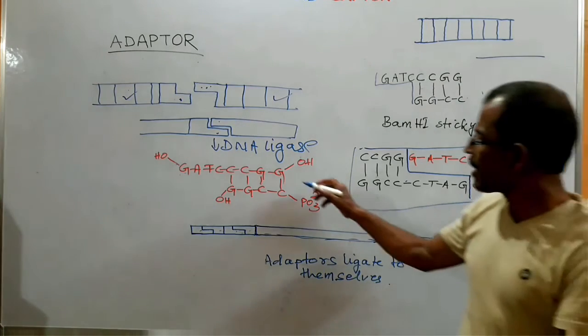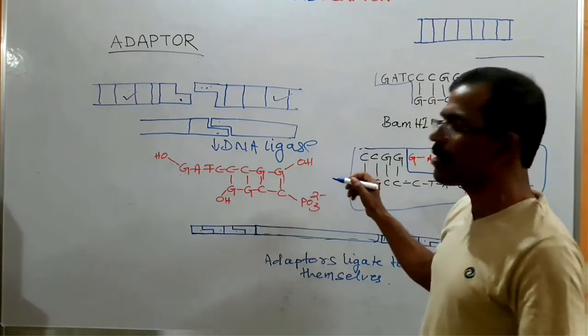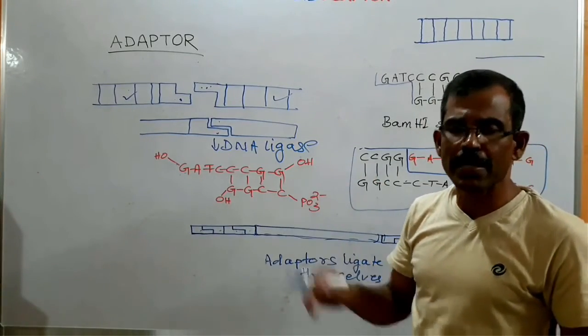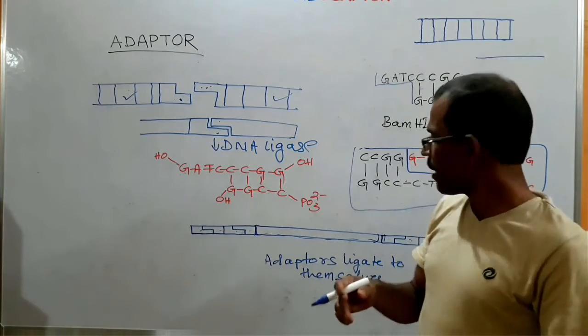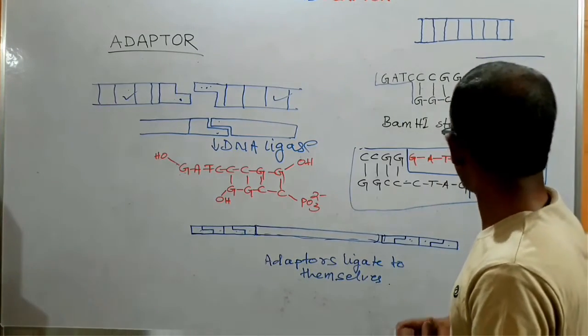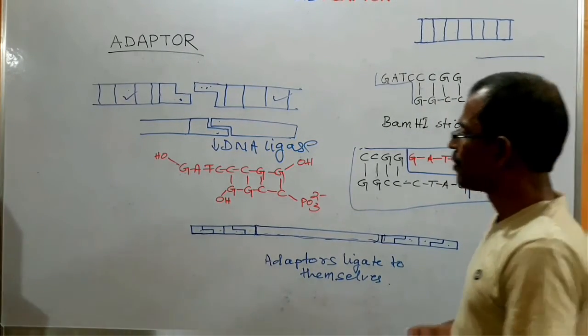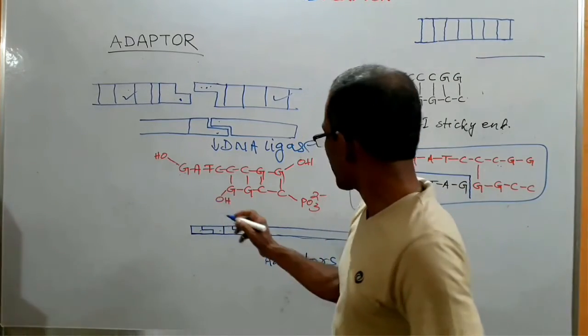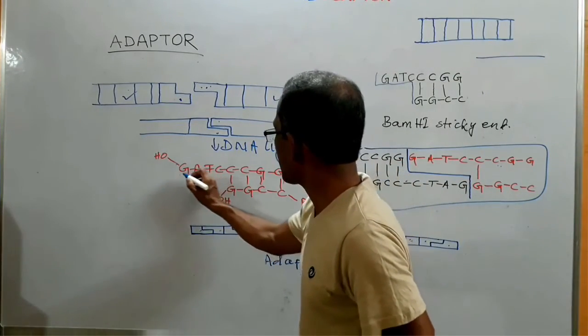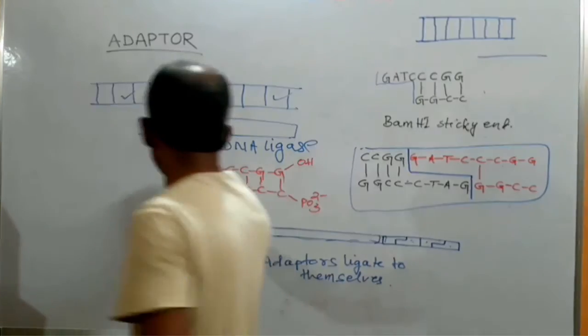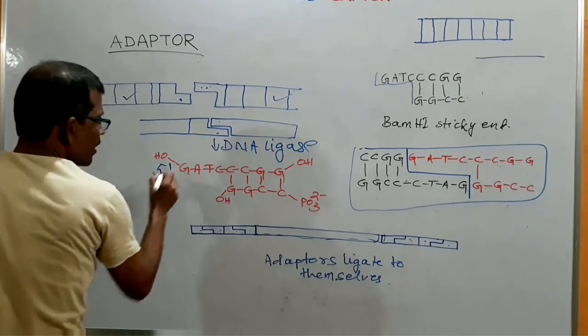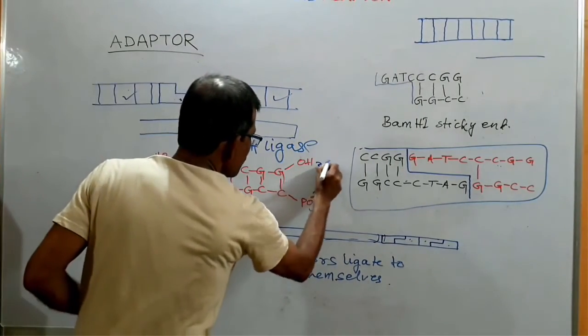problem, these adapters are first treated with the enzyme alkaline phosphatase. So alkaline phosphatase is an enzyme that removes the phosphate group that is present at the 5' end. You see, this is the 5' end and this is the 3' end.